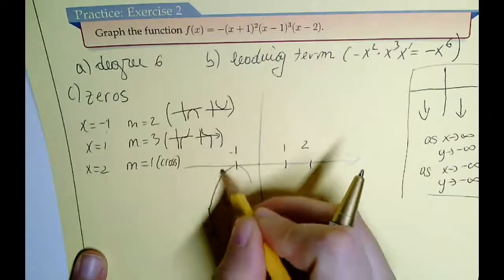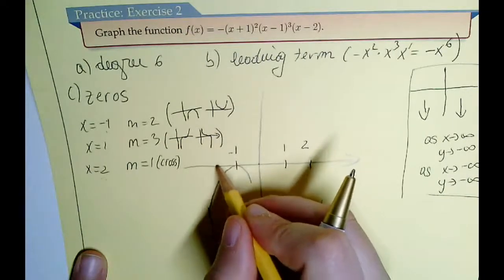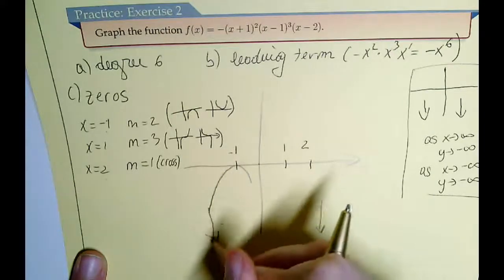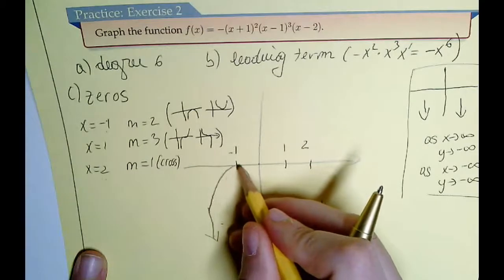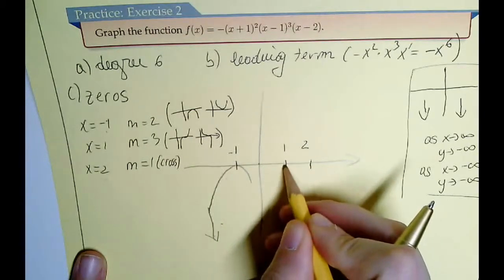I can't cross and then touch like that, because that means there would be another 0 less than -1, but that's not the case. So this is forcing me, if I have to start here, at -1 I have to touch like this. Then what do I do at 1?